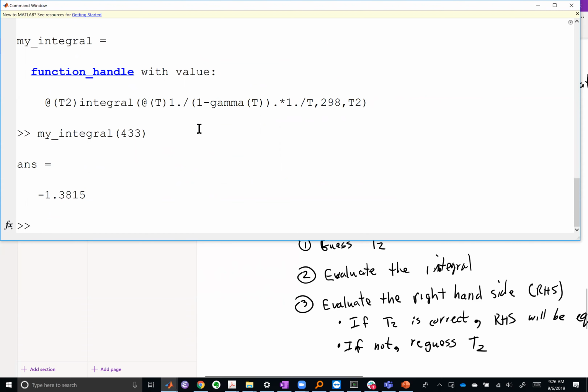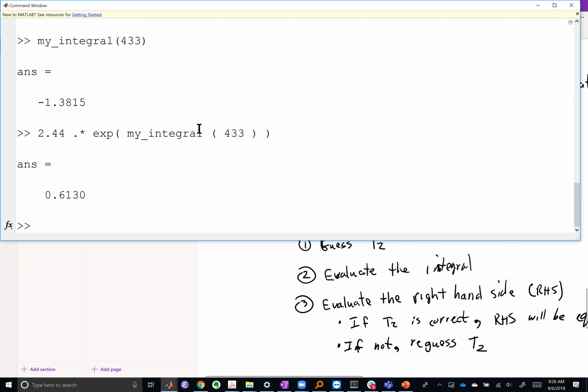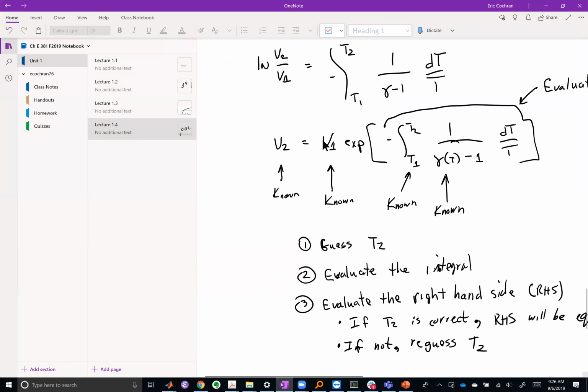All right, so now to see if that's right or not, I've got to take V1, which is 2.44 times the exponential of my integral evaluated at 433, and it comes out to be really close to V2, right? So that's V1, and then that's the right-hand side of my equation. So I just evaluated that right-hand side, just like step 3 says.